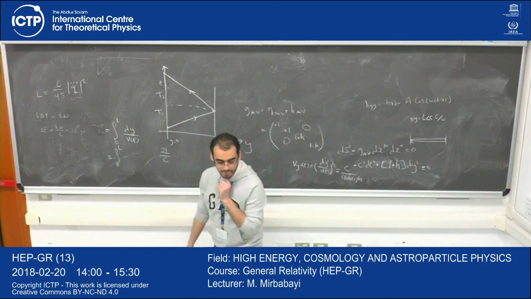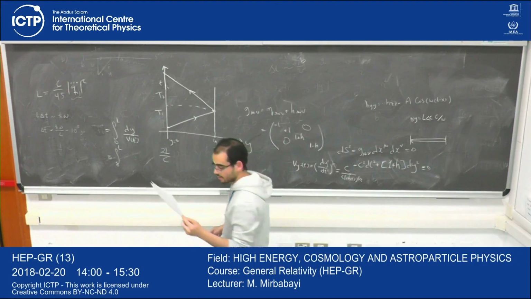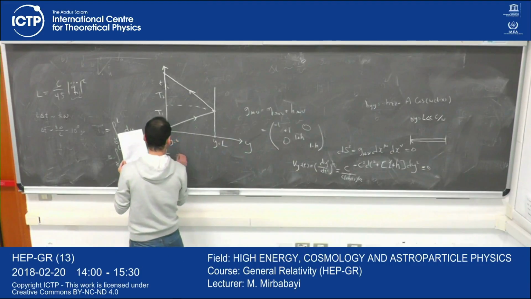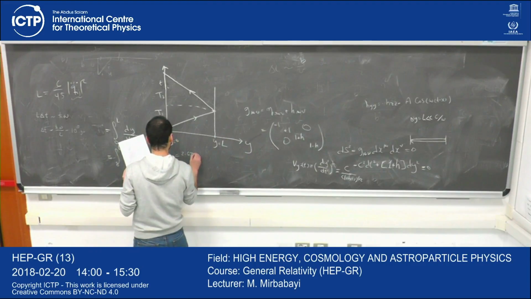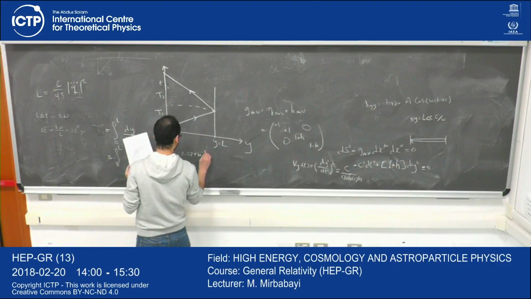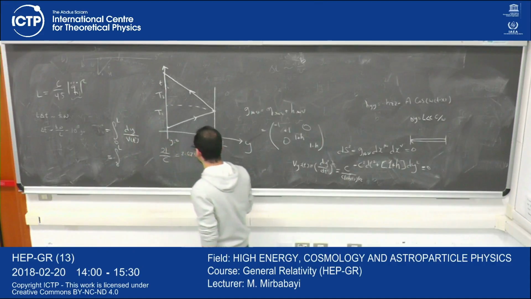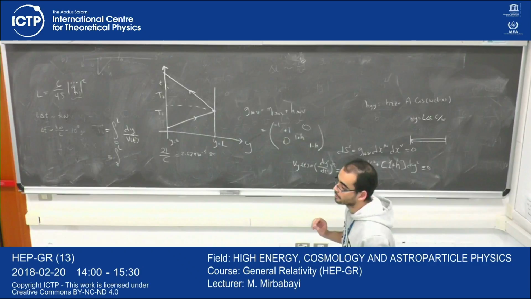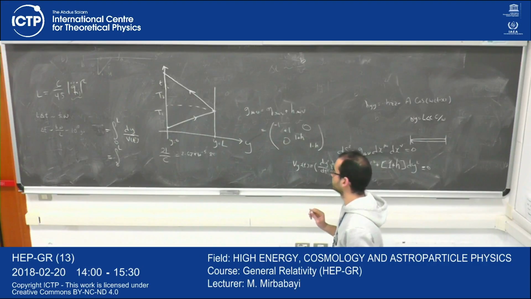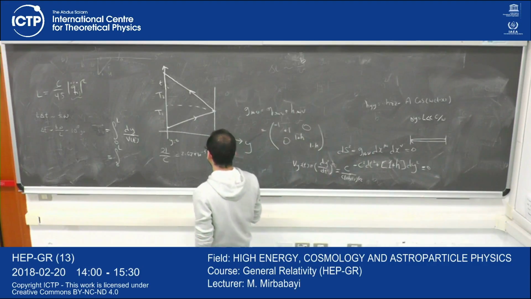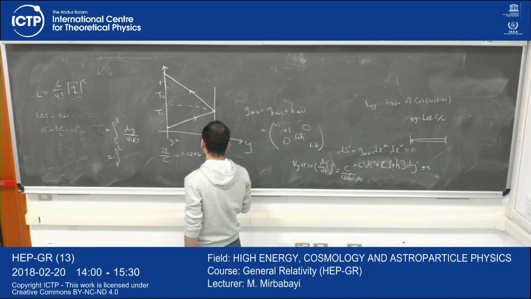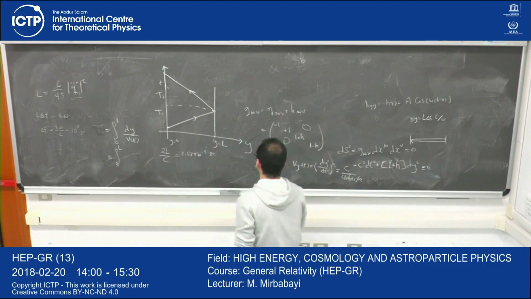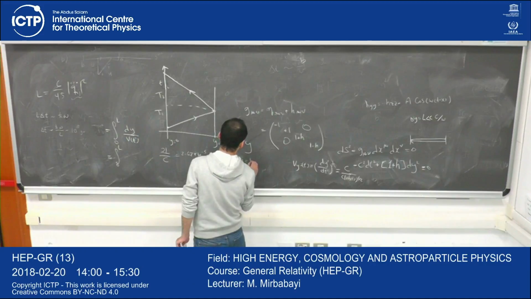Numerical value of 2L over c, yes, it will be 2.67 times 10 to the power negative 5 seconds. How does it compare with the frequency of the gravitational wave? We know omega, yes, omega is 100.